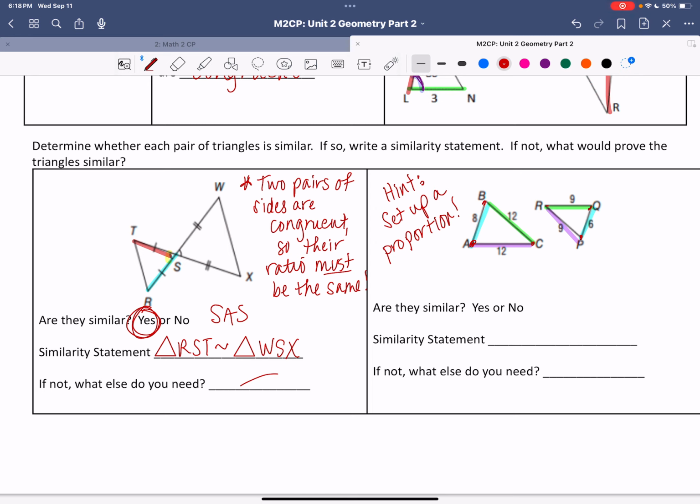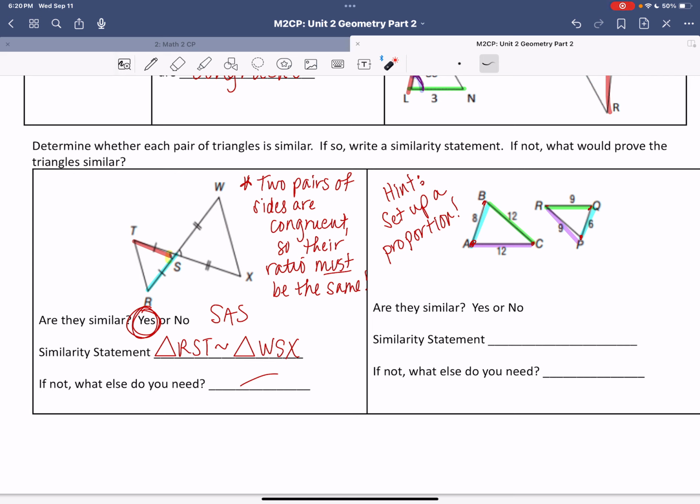The similarity statement is triangle RST is similar to triangle WSX. We know that because two of the sides are proportional and the angle is congruent, and you don't need anything else.